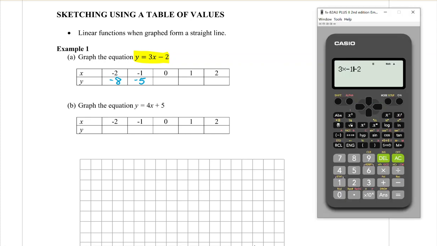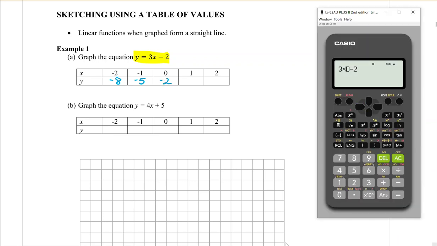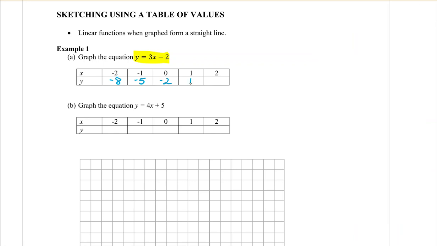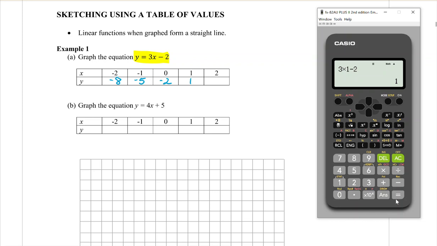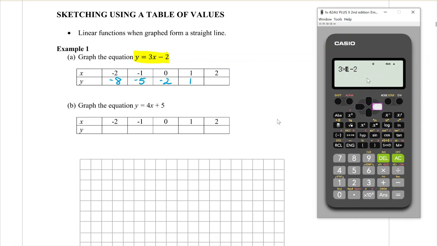I want to change the minus 1 to 0, equals negative 2. Next one, use the back arrows. It's going to be a 1 now. Equals 1. And last one, using those arrows, we change it to a 2 and we get 4.